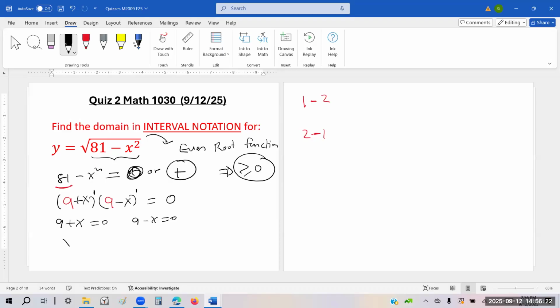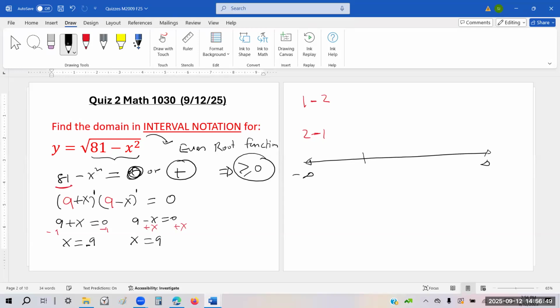That gives us x equals negative 9 and x equals positive 9. We're subtracting 9 from both sides. We're adding 9 to both. No, we are adding x to both sides. So you have x equals 9, x equals negative 9. So you go to the number line.